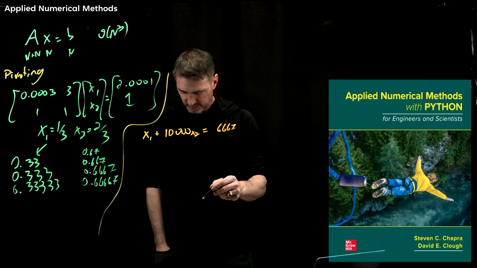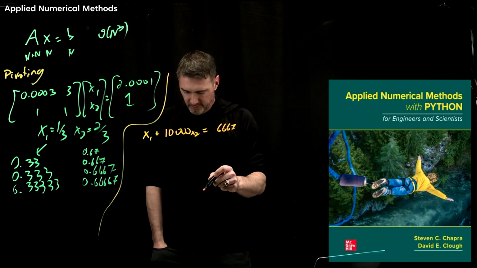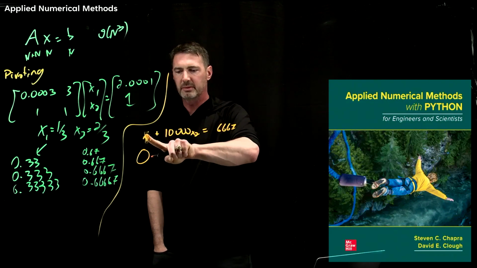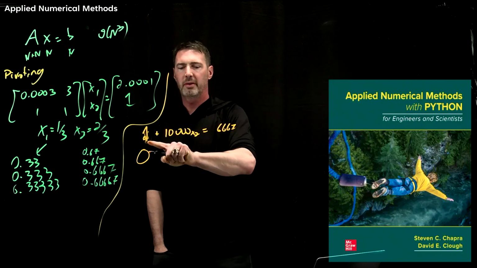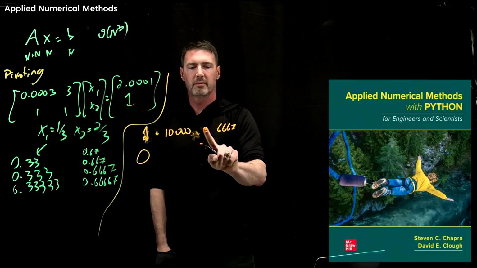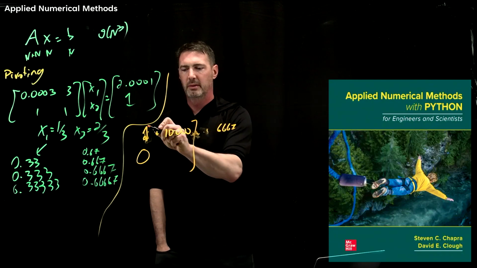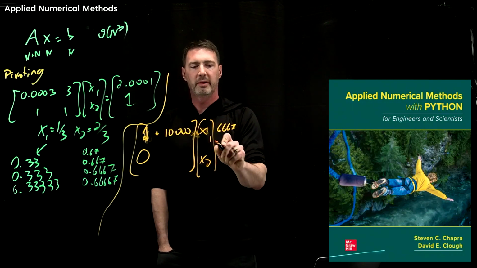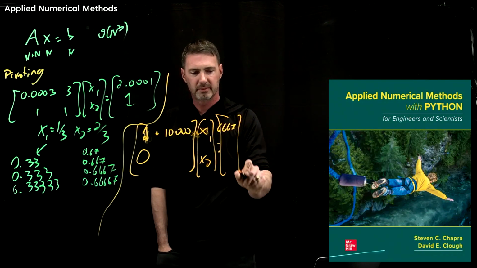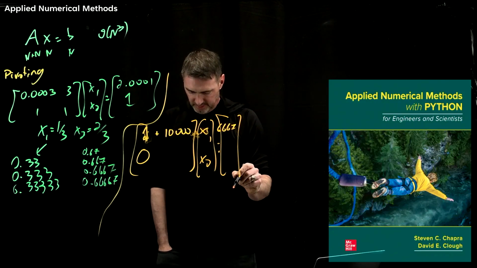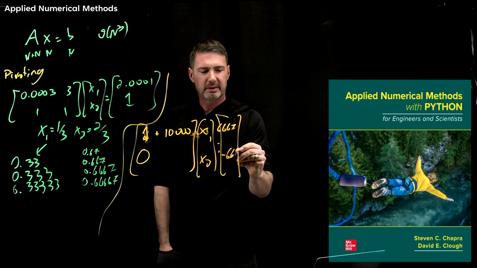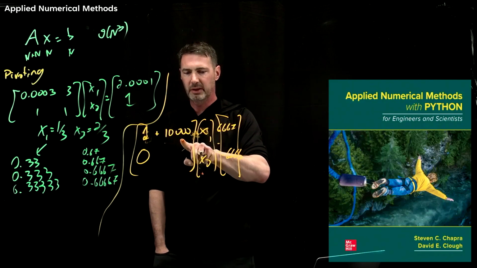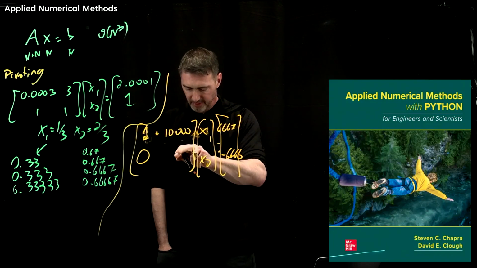And so let me do this as a matrix. That's 1, 10,000 times x1, x2 is equal to 6667. And then the bottom is 0, minus 9999, and the right-hand side is minus 6666. Gosh, that got messy.